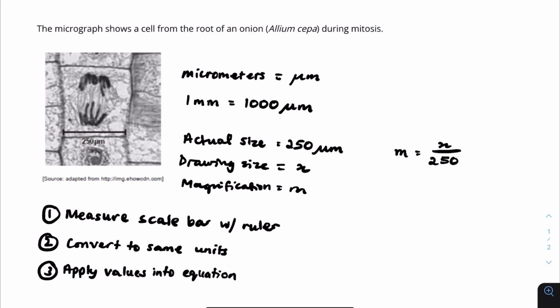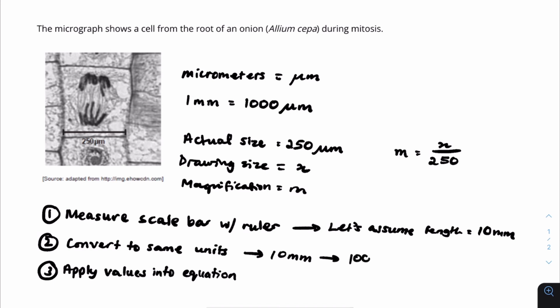Actually, I'm on my iPad, so I can't really measure it. However, let's assume the length is equal to 10 millimeters. So 10 millimeters is equal to 10 times 1,000 micrometers, which is 10,000 micrometers.